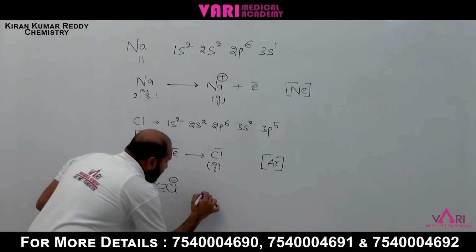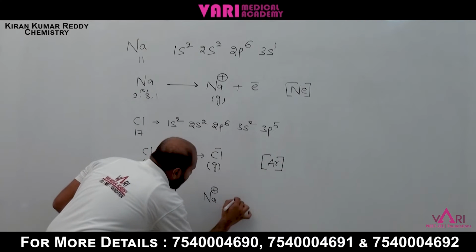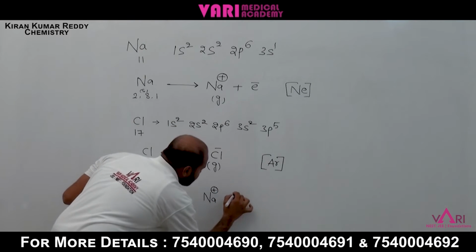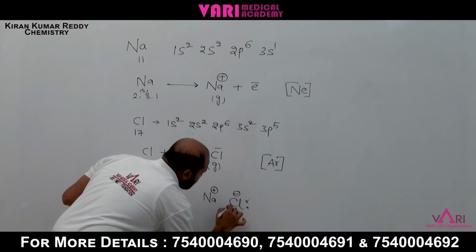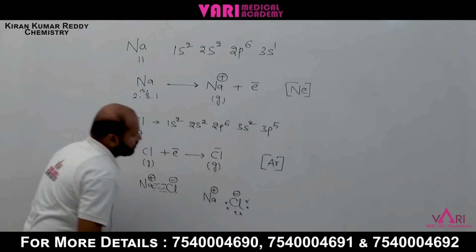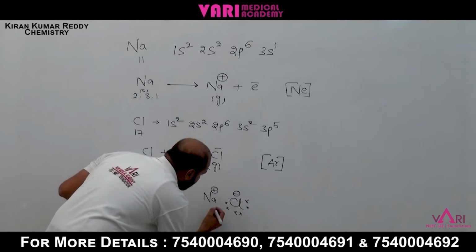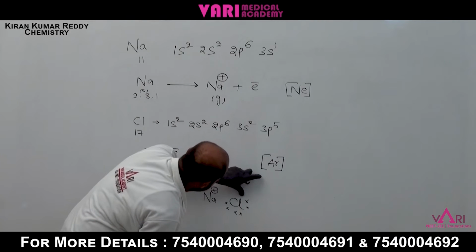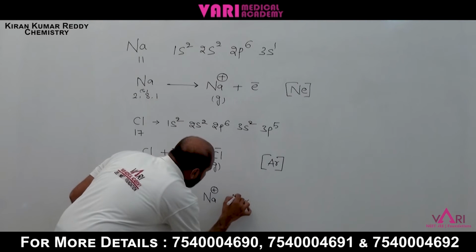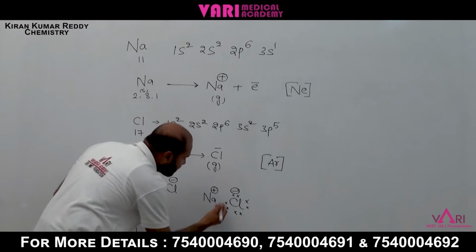If you write Na plus and Cl minus, Cl minus has 8 electrons, counting 1 to 6 and the minus charge, since one electron has already been transferred. This is the Lewis dot structure.